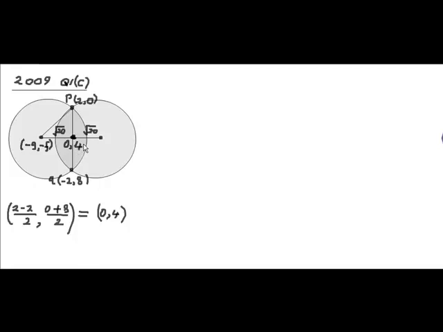Now we have that point as well, (0, 4). The next part of the question is really some of our theory and formulas from the line. For example, the point (2, 0), if that was on a line, we put it into the line equation. So if it's on a circle, we put it into the circle equation.